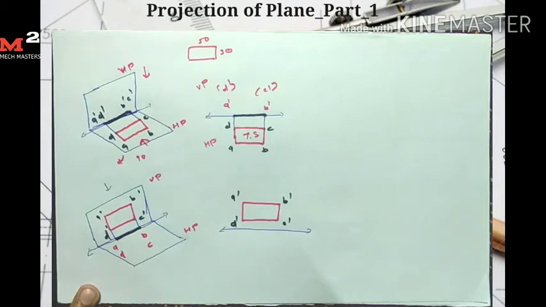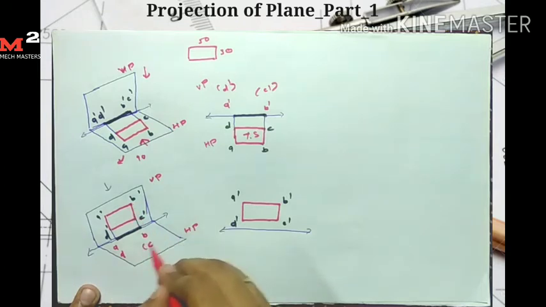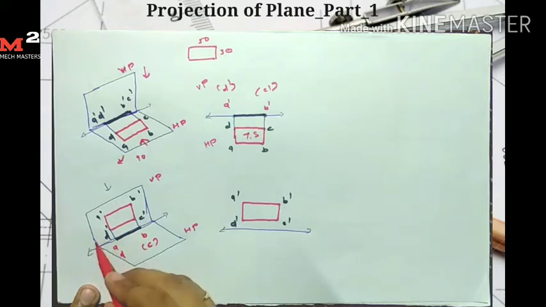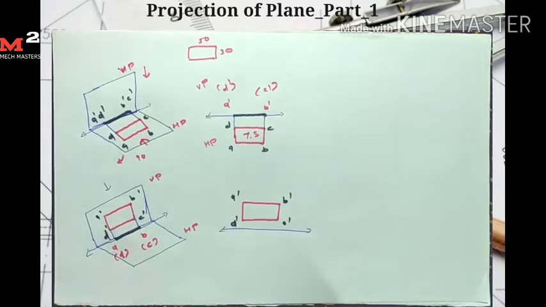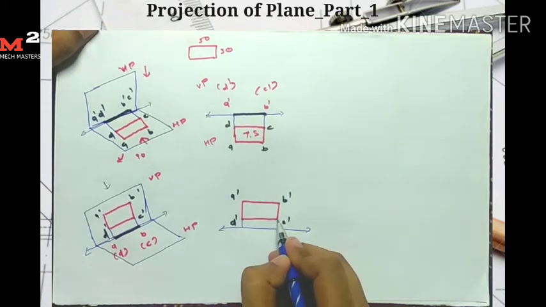Now if I see from the top, the C point is behind the B point, so I indicate the C point in bracket because it's a hidden point. Similarly, the D point is behind the point A, so I indicate this D point in bracket because it's a hidden point. So in orthographic projection I simply take the projection to draw its top view.